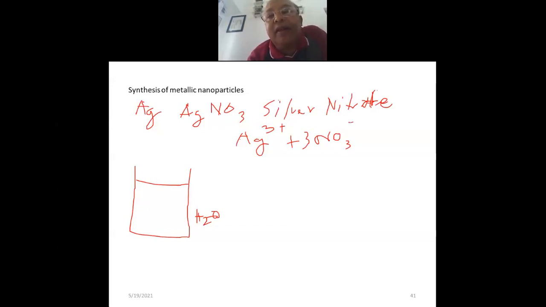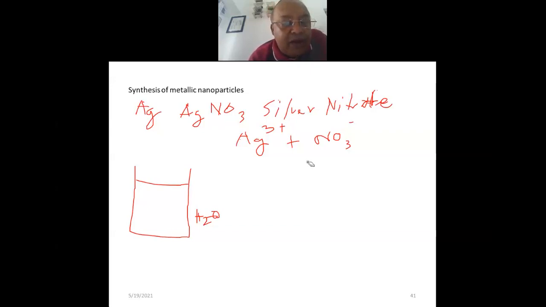Basically what is happening here is that these are the individual ions. We have silver ions and nitrate ions. So silver cations, nitrate anions.